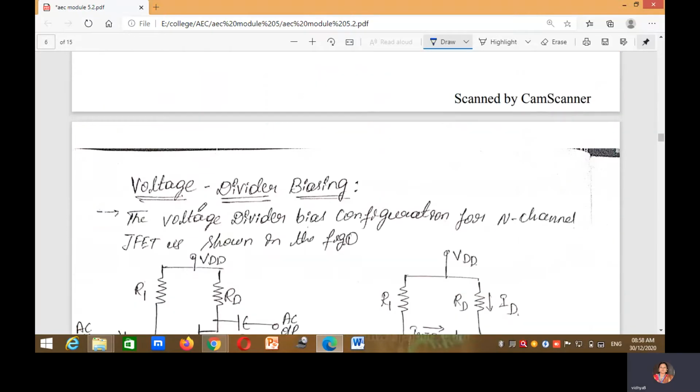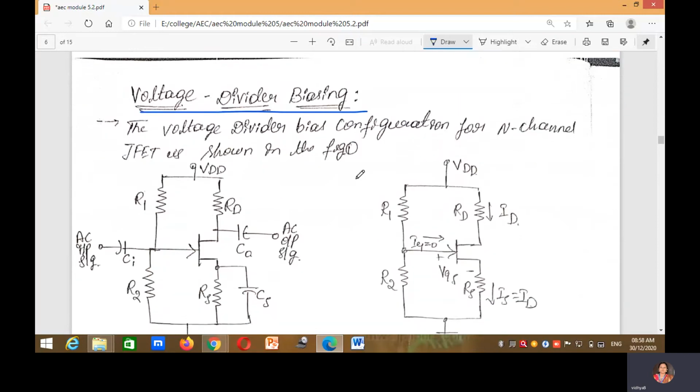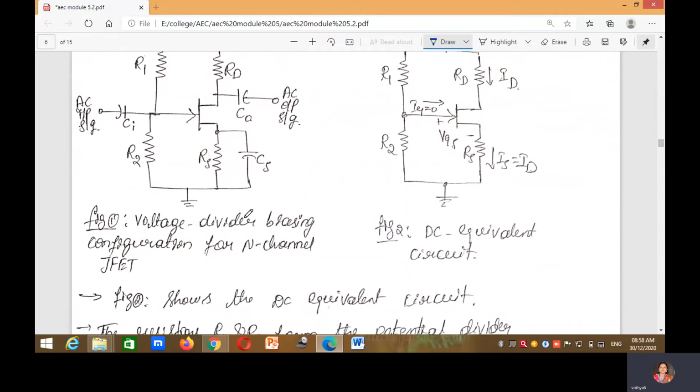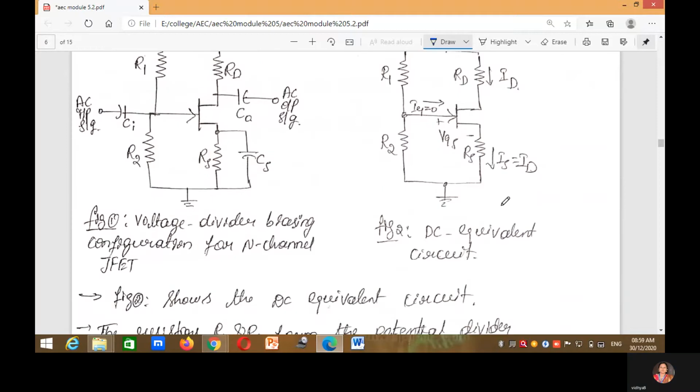Next is voltage divider biasing. The voltage divider bias configuration for N-channel JFET is shown in the figure. This is the figure for voltage divider biasing. You already know about voltage divider biasing from the first module. For the input side, there will be two resistances, R1 and R2.